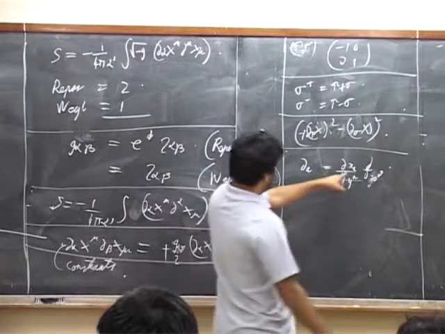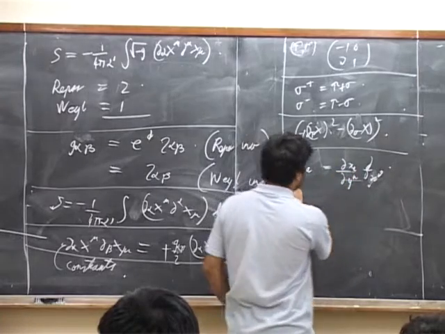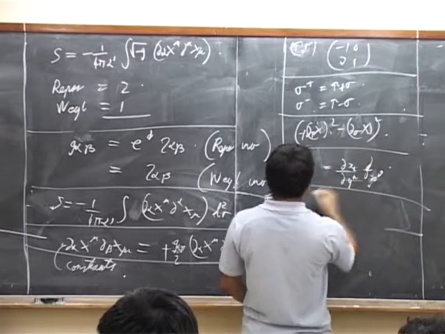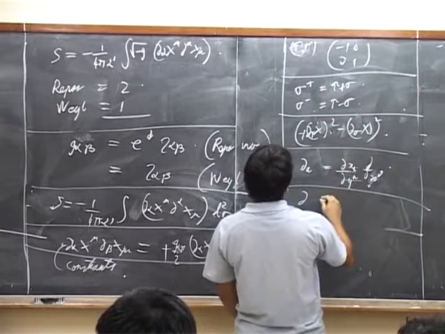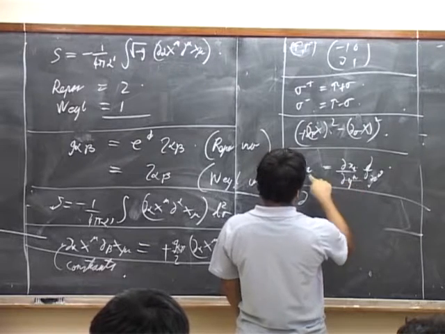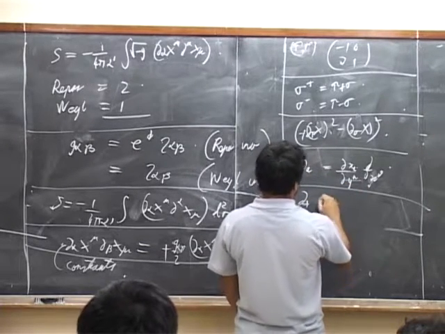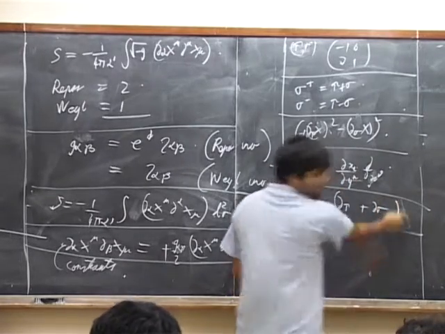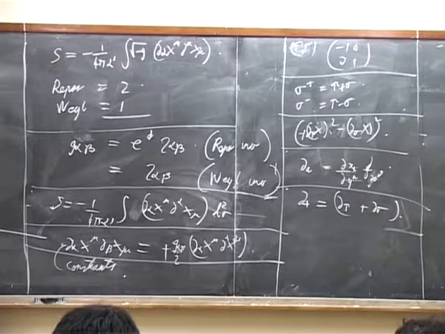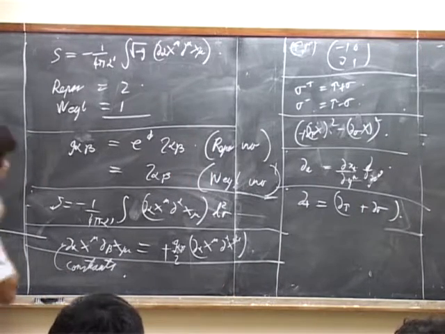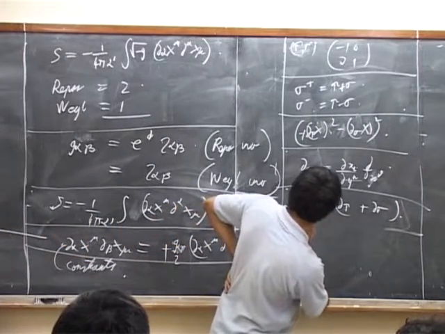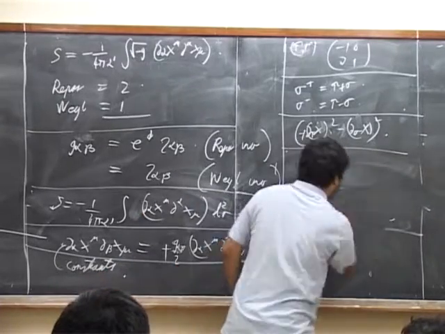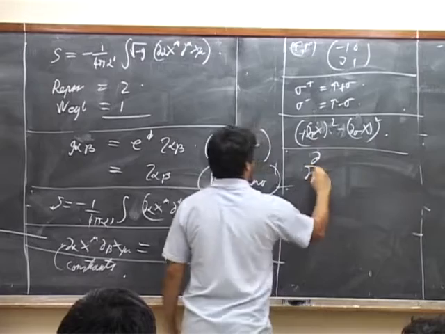Now we know what sigma plus is, so this tells us, for instance, from this condition that del plus is equal to del tau plus del sigma. That's the other way around. Let's use the chain rule.